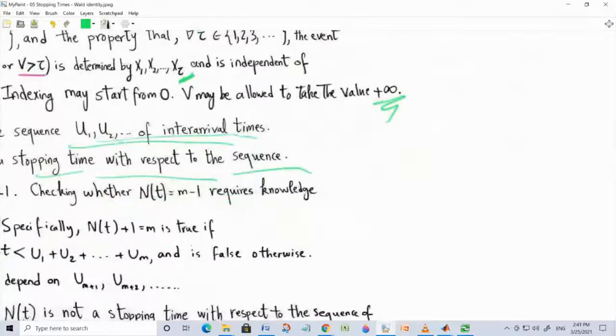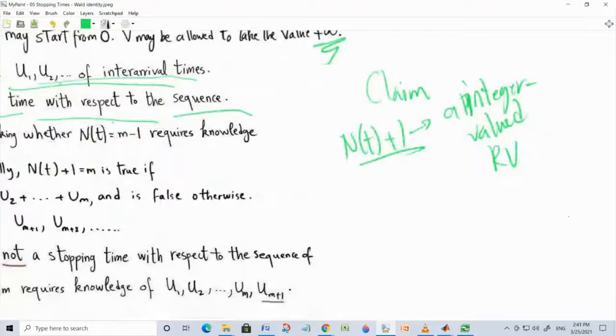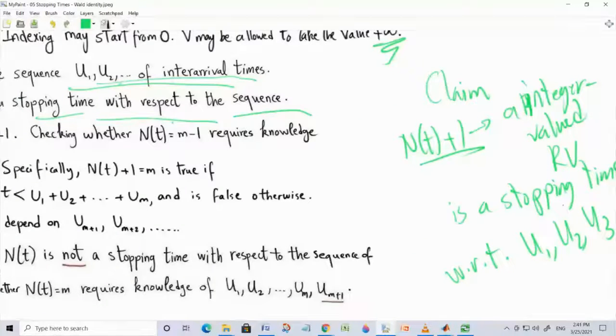So the claim is that N of t plus 1, that's an integer valued random variable, is a stopping time with respect to the sequence of inter-arrival times u1, u2, u3, and so on.